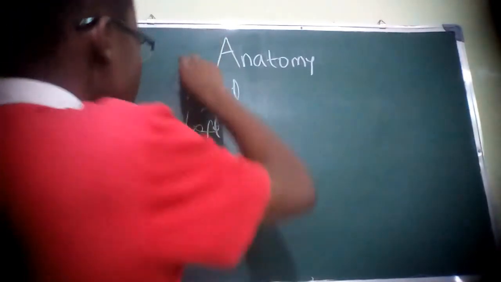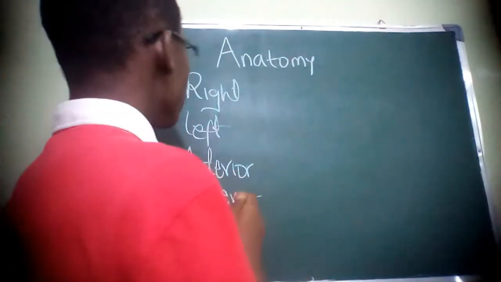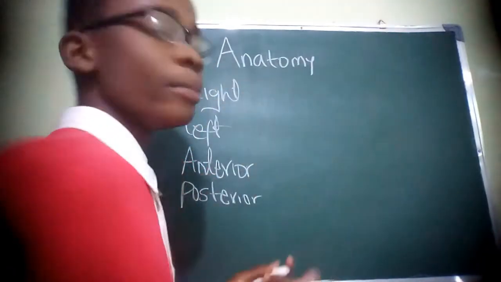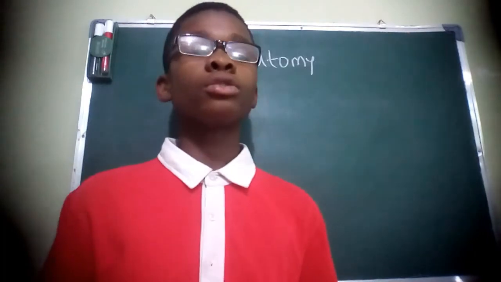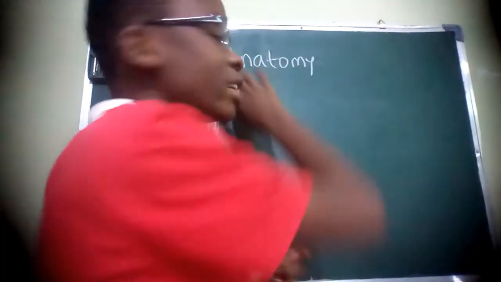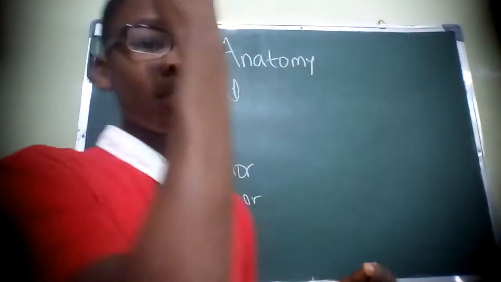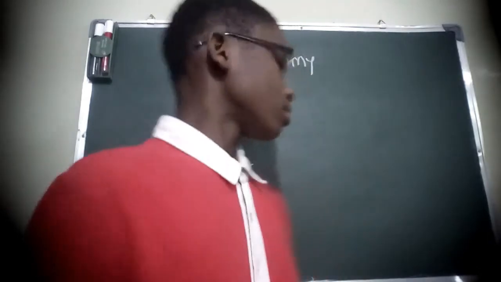So we look at the right. If you watched my video where I told you about the anatomical planes, you see that there is one plane that divides the body into the right and the left half, which divides the body this way into the left and the right half.